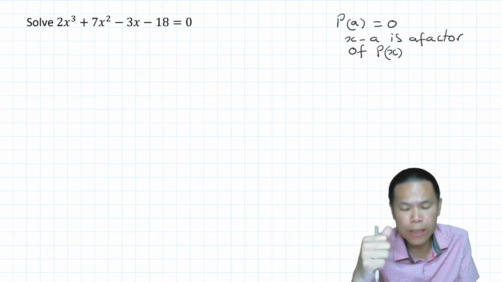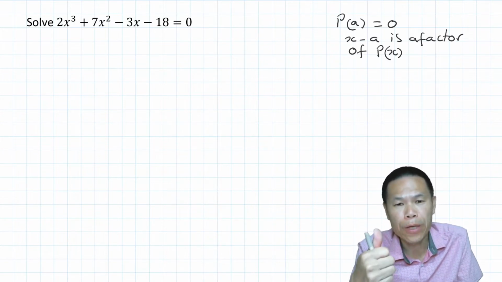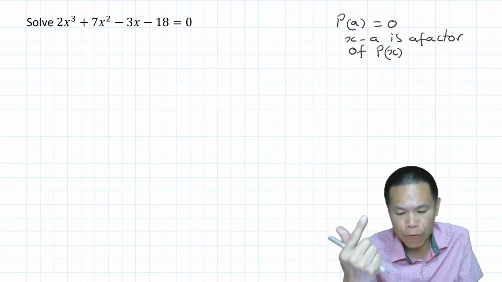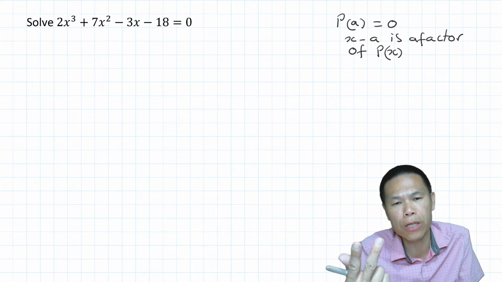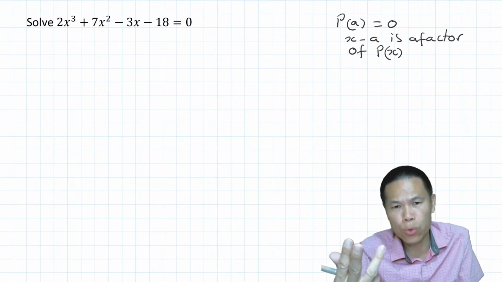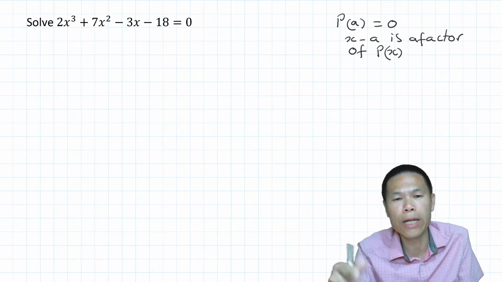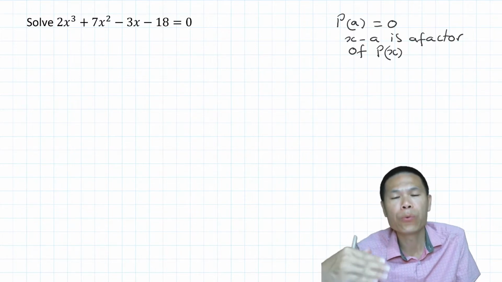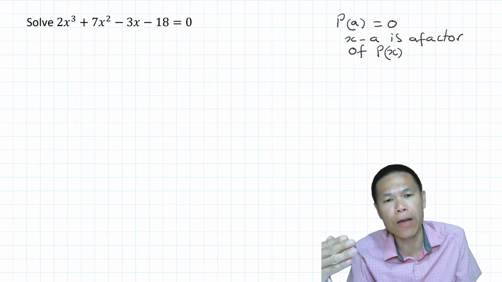We try P of 1, and if it's not equal to 0, we try P of minus 1, and if not equal to 0, we try P of minus 2, and 2, 3, minus 3, and so on until we find P of a equals 0. And then we'll use long division to find the other factors.